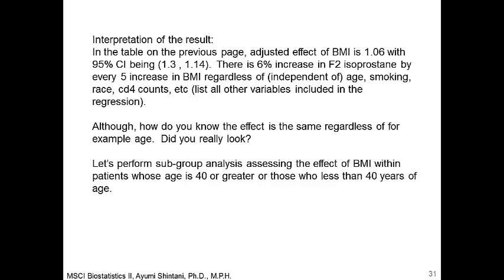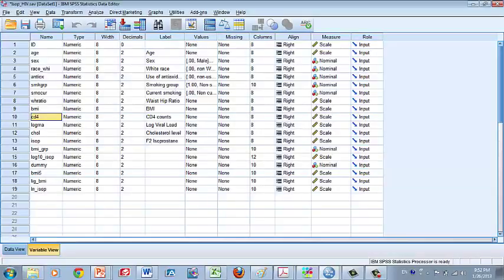Although, how do you know the effect is the same regardless of, for example, age? Did you really look at the effect of BMI within a group with younger age or older age? So let's perform subgroup analysis assessing the effect of BMI within patients whose age is 40 or greater, or those who are less than 40 years of age. Okay? So first we need to create an age variable.